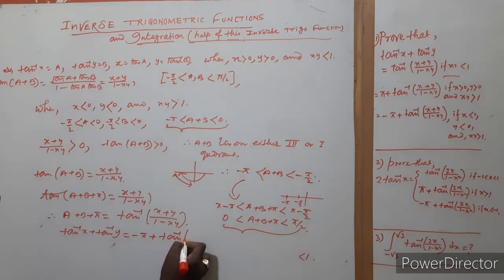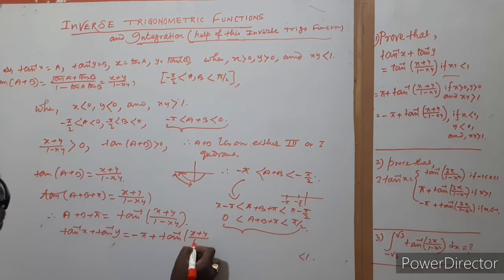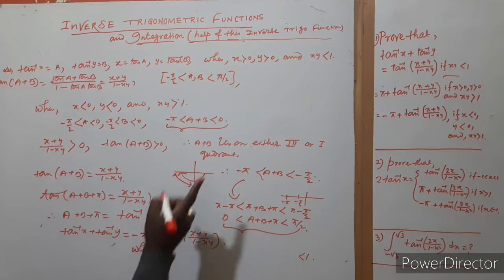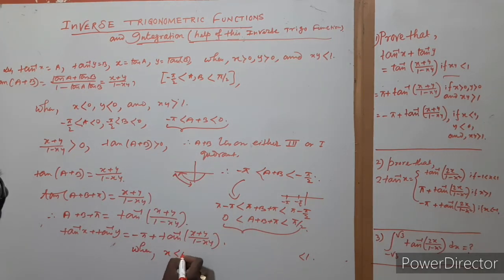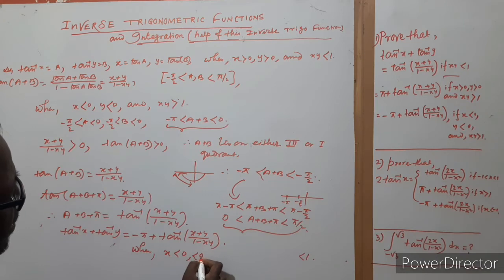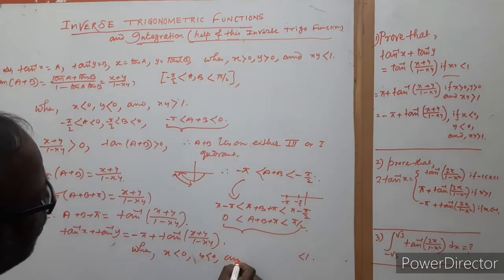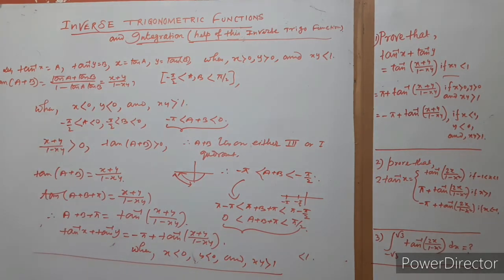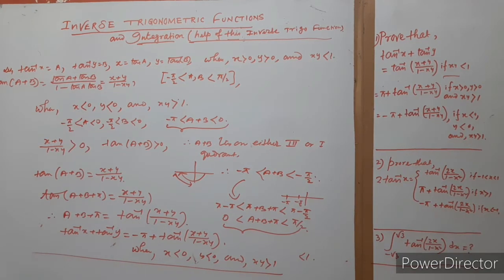So tan inverse x plus tan inverse y is equal to tan inverse of (x plus y) by (1 minus xy) minus pi. This is possible when, again repeating, x is less than 0, y is less than 0, and xy is more than 1. Okay, and this domain is very interesting for solving integrals and differentiation over some intervals.